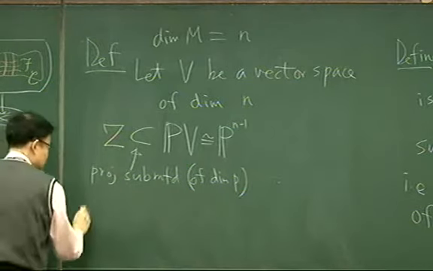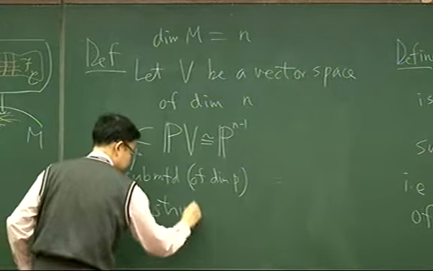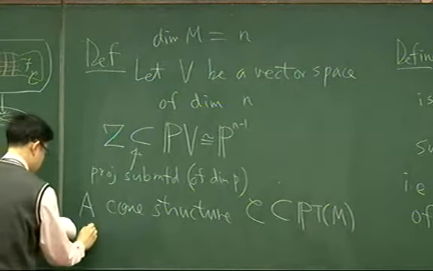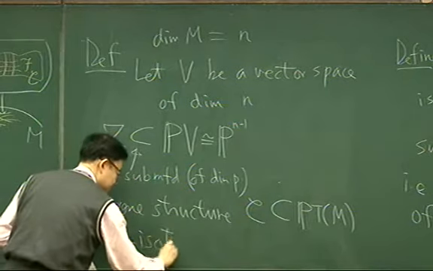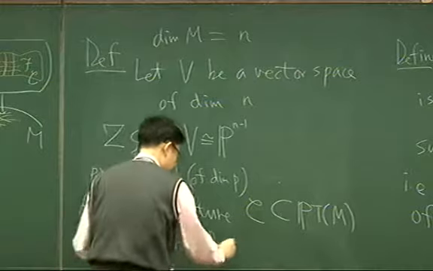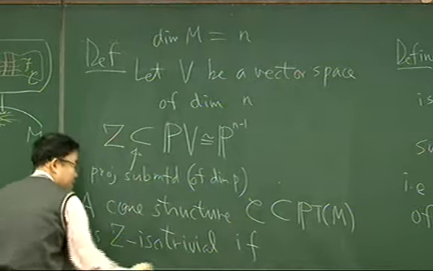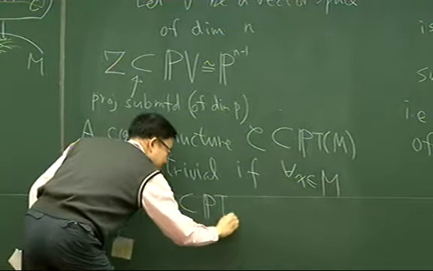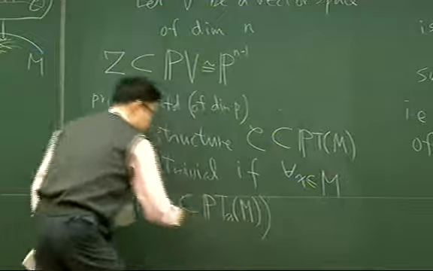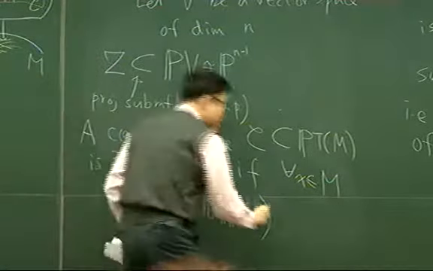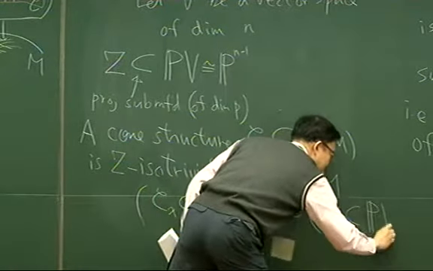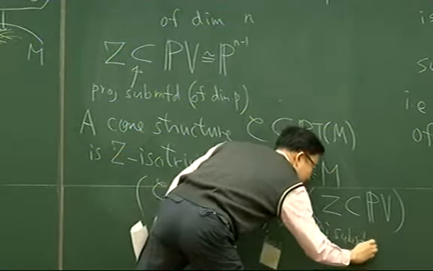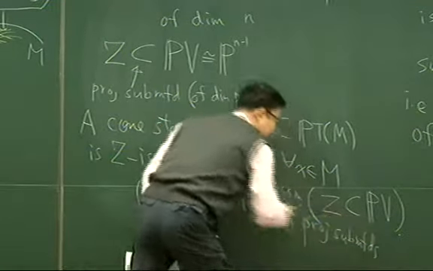And then a cone structure C is G isotrivial if for each point x, we have this cone Cx, a submanifold inside the projective space, and I require that this is isomorphic to Z inside P as a projective submanifold. So that's a very natural assumption.